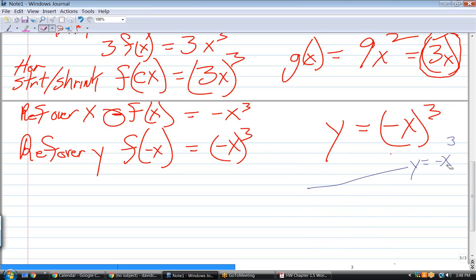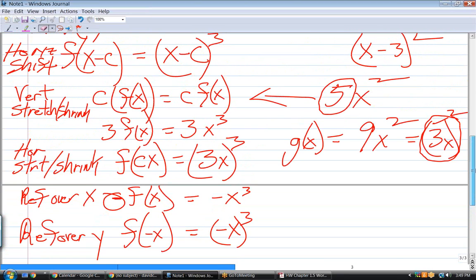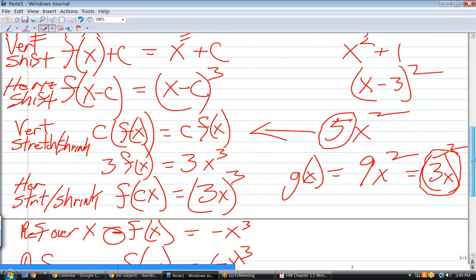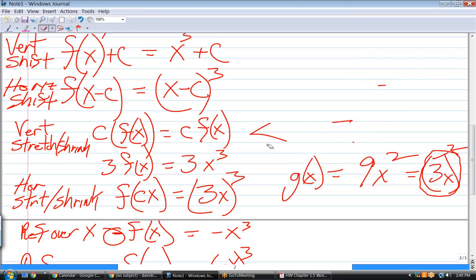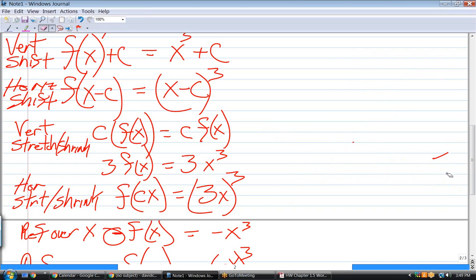All right, so I don't want to leave it yet. I know you're anxious to get to your problems, but I want to make sure that you can go backwards on these. So our parent function is going to be x squared. What I'm going to give you are a number of functions, and I want you to tell me what's going on with it.